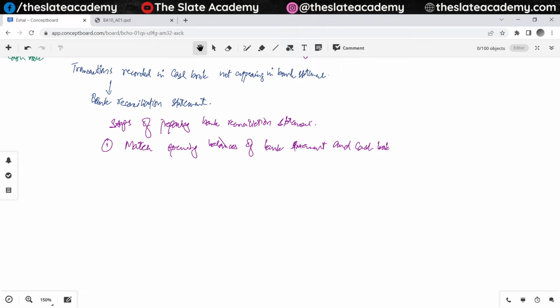Acha ji, assuming that opening balances match, then what we would do is match and knock off transactions appearing in both bank statement and cash book.